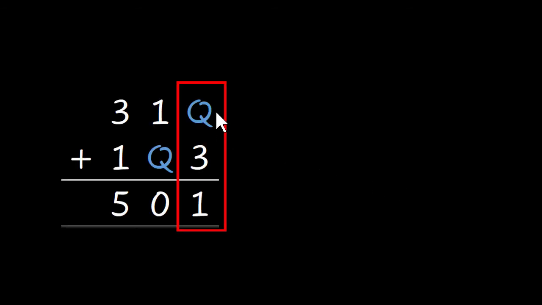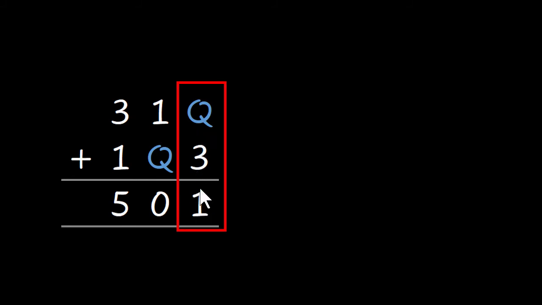Just look at this last digit, right? If you look at the unit place, what can we say? The interesting thing is the final answer ends with 1 and one of the numbers is 3. Now, since 3 is greater than 1, that means there has to be a carry.